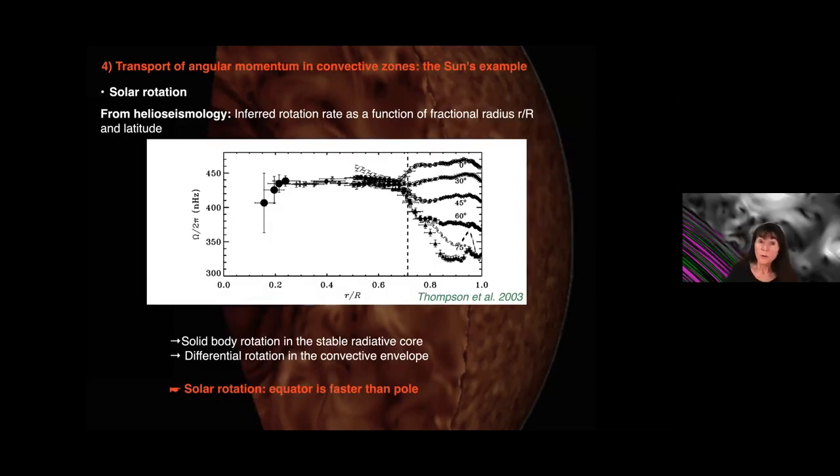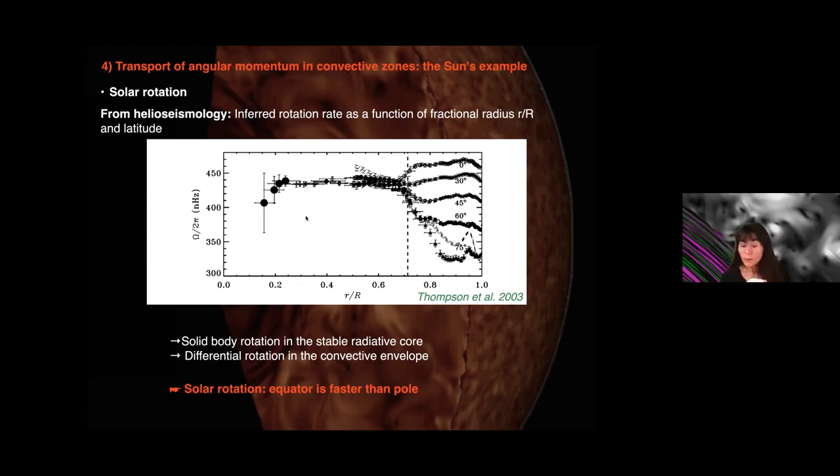We also have in convective zones the transport of angular momentum, and the sun is a very good example, because we have excellent helioseismology constraints where we know the rotational rate of the sun as a function of radius. We know the profile, and we know that in the radiative core the rotation is solid body rotation, and there is differential rotation in the convective envelope.